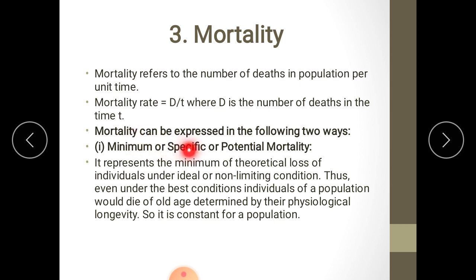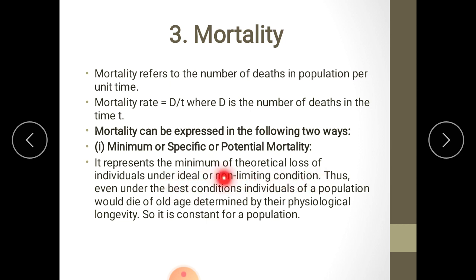So mortality can be expressed in two ways: minimum or specific or potential mortality, and ecological or realized mortality. One type of mortality is what? Minimum, also called specific, or potential mortality. What does it mean? It represents the minimum theoretical loss of individuals under ideal or non-limiting condition.